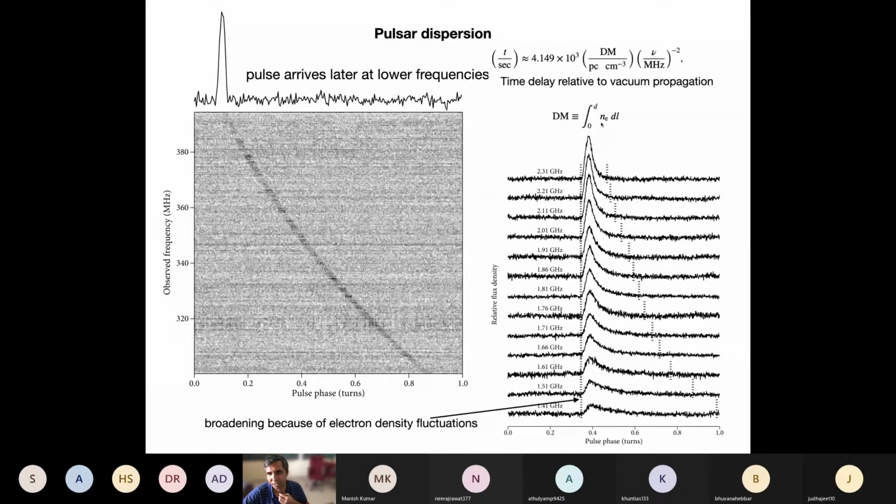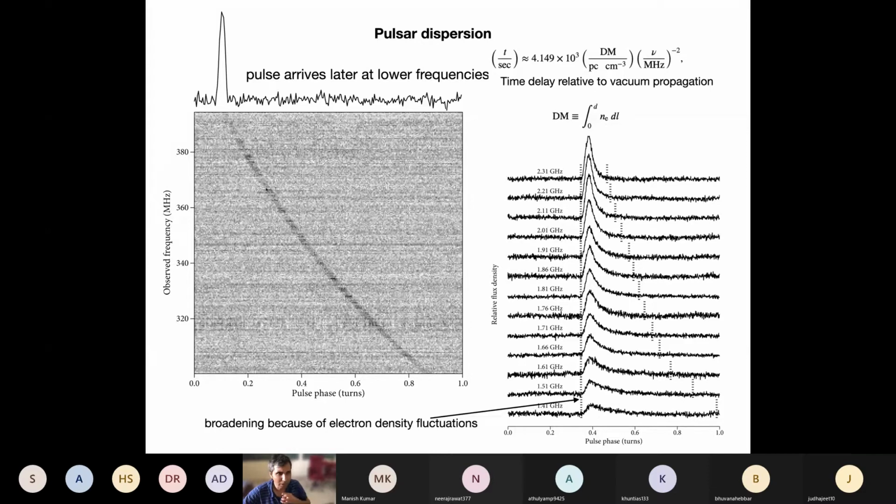The CGS unit of DM will be number density times length, which is per centimeter squared. But it's more convenient to use parsec per centimeter cube because the lengths in the galaxy are measured in parsecs and number density is measured in centimeter cube. So that's a natural unit.